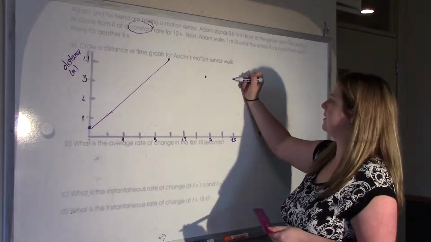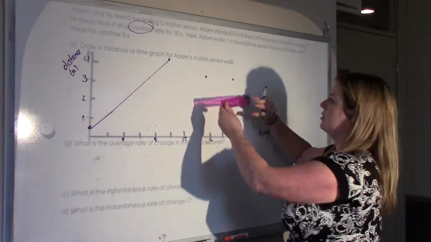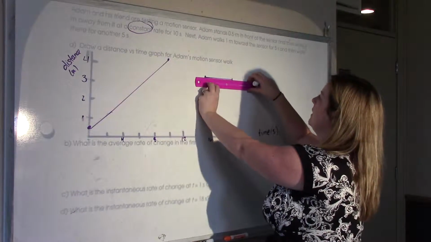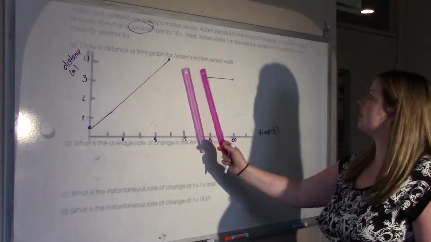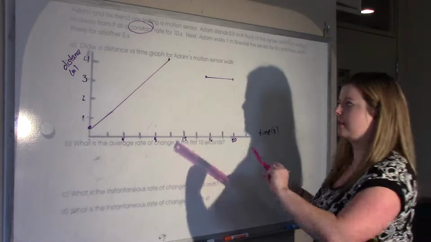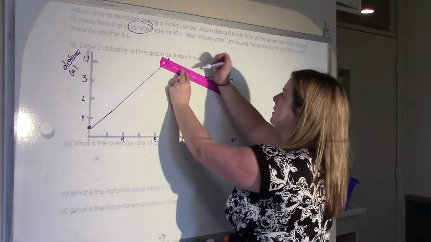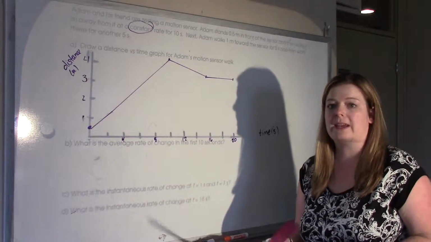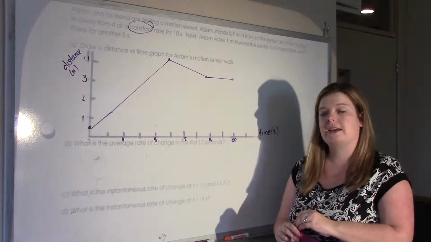So at 20, he just is still there. So this for sure is a horizontal line. They don't tell us anything about if this is constant or not, so we're just going to assume it's constant. But it's important that you understand that you're making an assumption if I ask a question like that, okay?